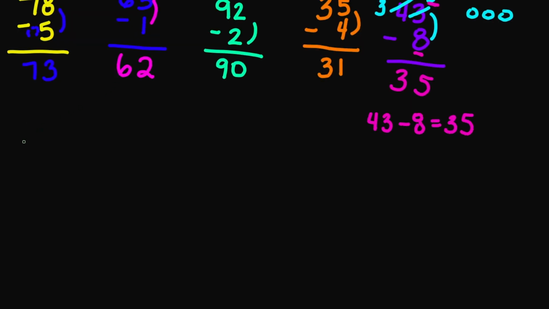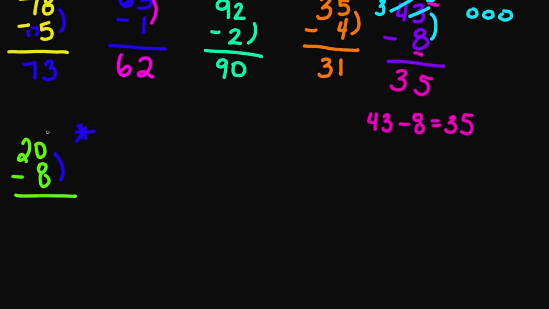Let's try another example. All right, so let's try 20 minus 8. Okay, so first we're going to do 0 minus 8. Uh-oh. If I have 0 marbles and I have to remove 8, I don't have enough.